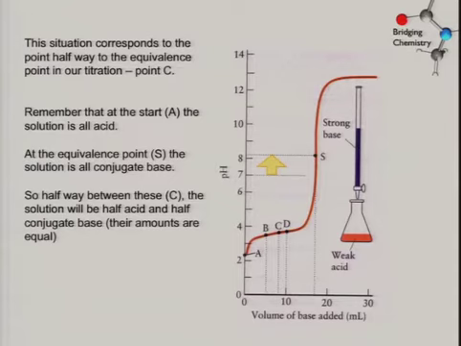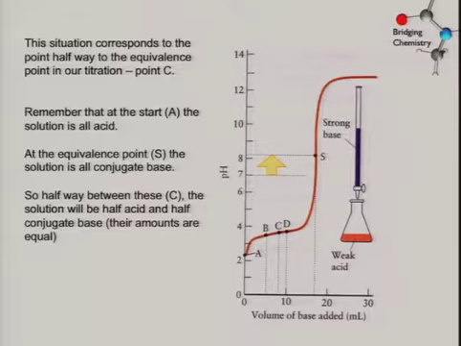Yeah? So now what we've shown is that if we add 10 mils of hydroxide to 20 mils of our ethanoic acid solution in our titration, then we get to a point where the pH is equal to the pKa of the weak acid, and of course that's what you saw yesterday. This is the point halfway to the equivalence point in your titration, and we asked you about this in the lab yesterday.